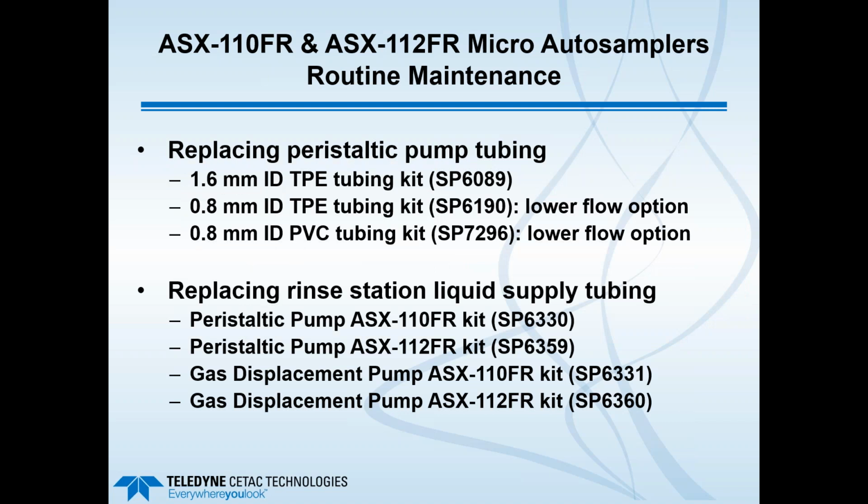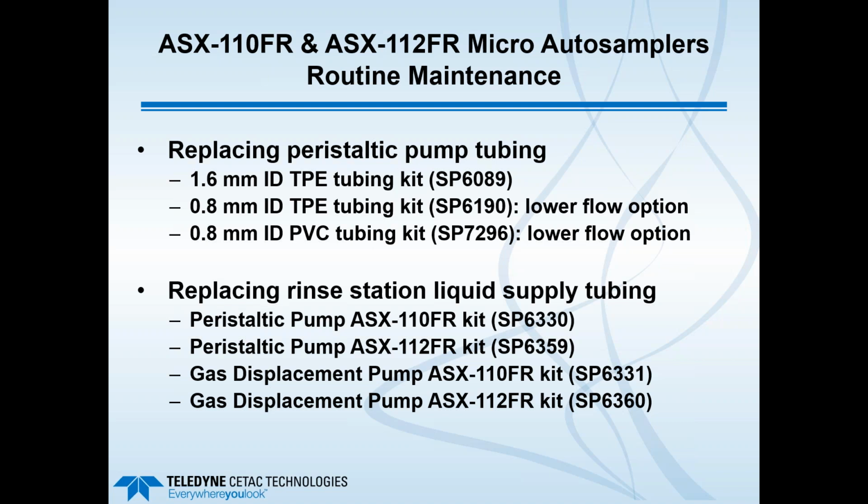Certainly, if you have a peristaltic pump tube equipped ASX110 or 112, and the tubing starts to wear, there are a variety of kits available, either the thermoplastic elastomer tubing or the PVC tubing, and there are various kits with various ID of tubing depending upon the rinse solution flow rate needed.